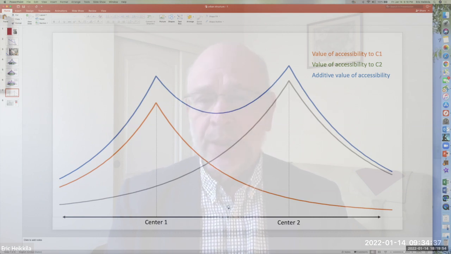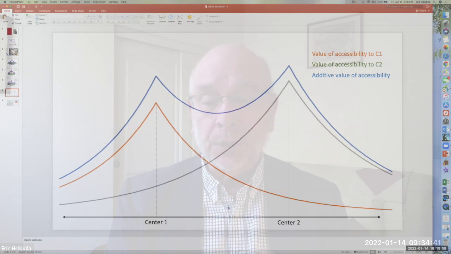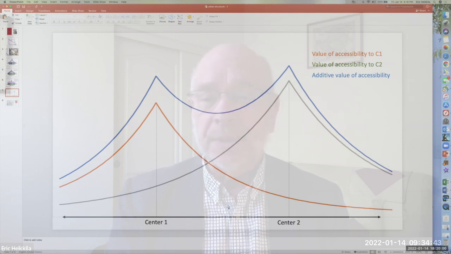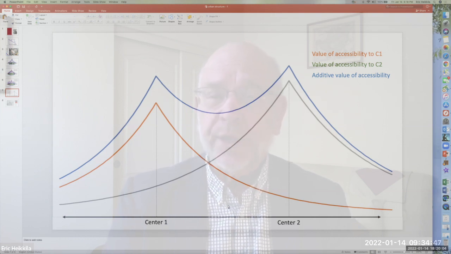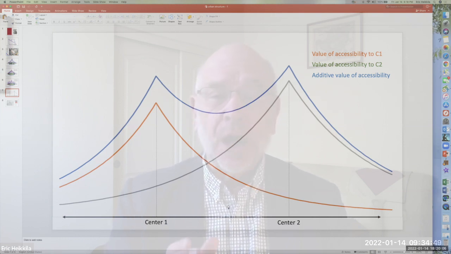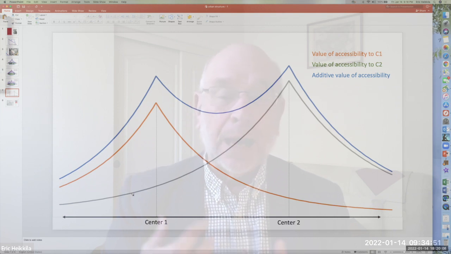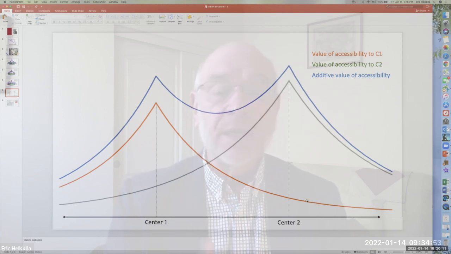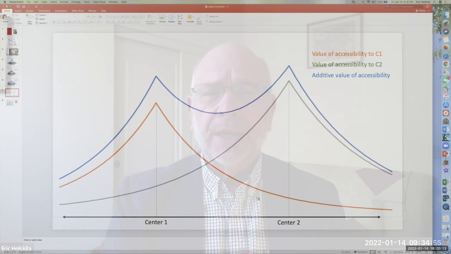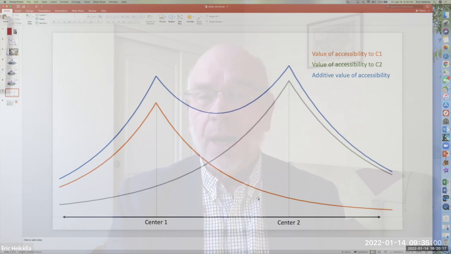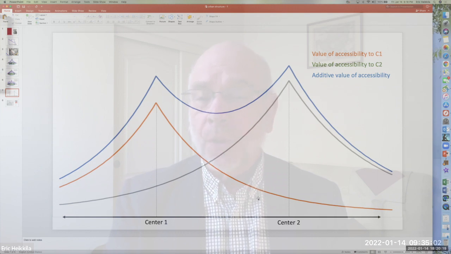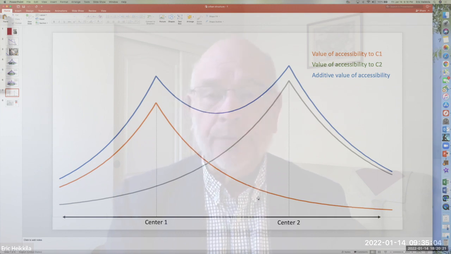What is new is that there are now dual and possibly multiple locations that are relevant. So it's not just a question of how far am I from the central district, it's how far am I to the central districts, or these various urban centers, or to amenities. How far am I from the beach?